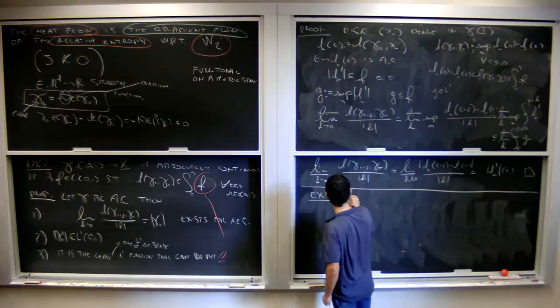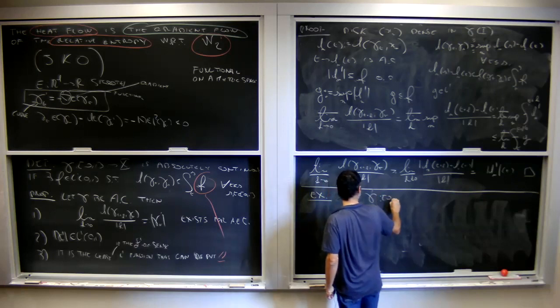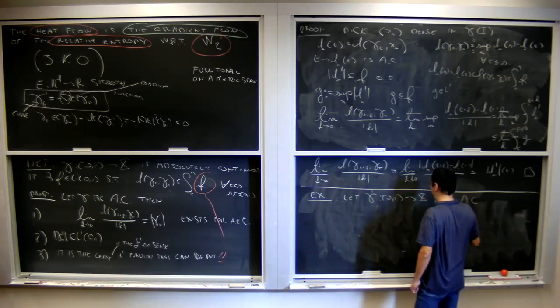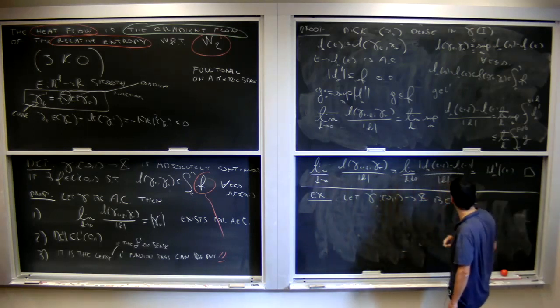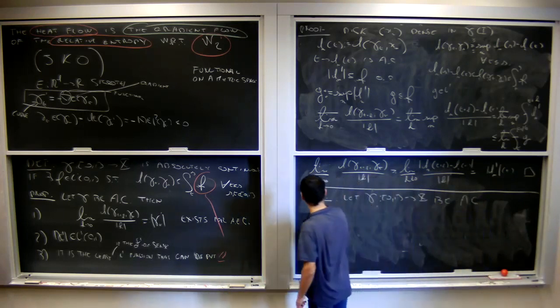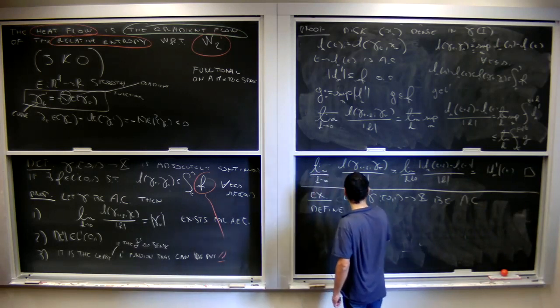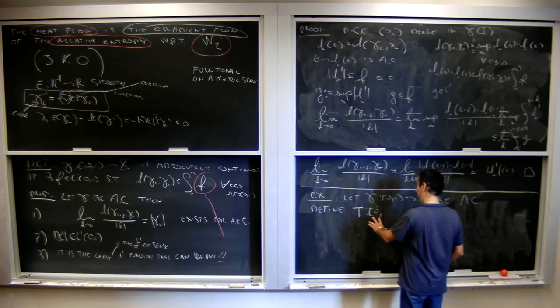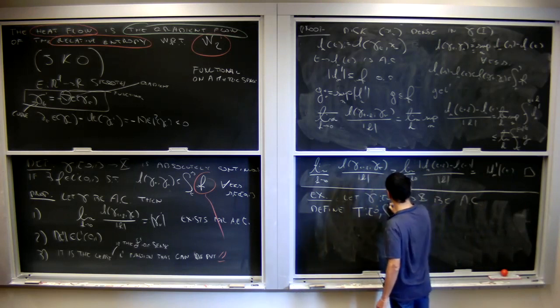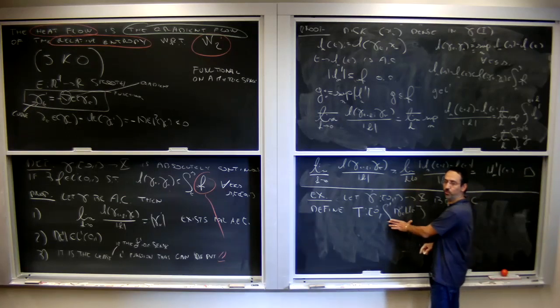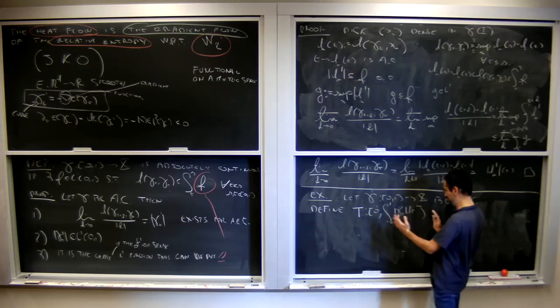So let gamma be absolutely continuous, and then define a function, let me call it capital T. Capital T is defined on an interval whose length is this, which is what we certainly want to call the length of the curve.